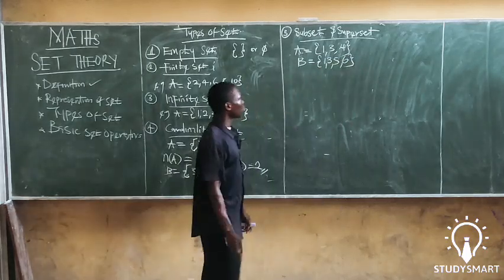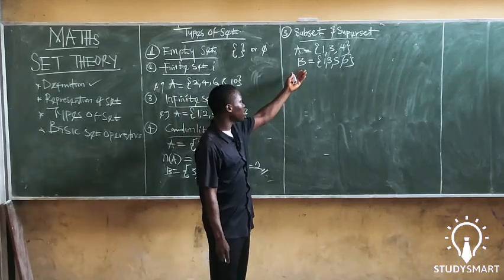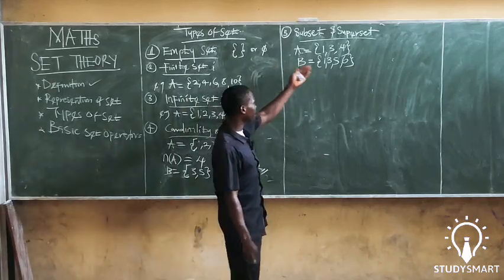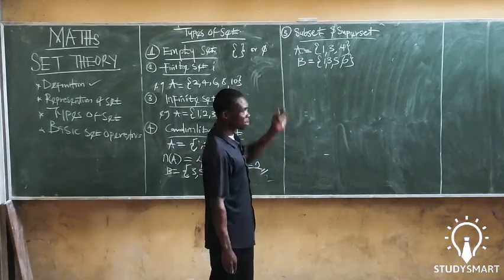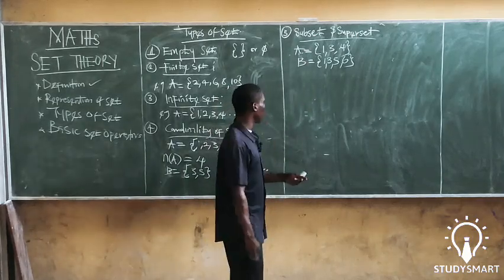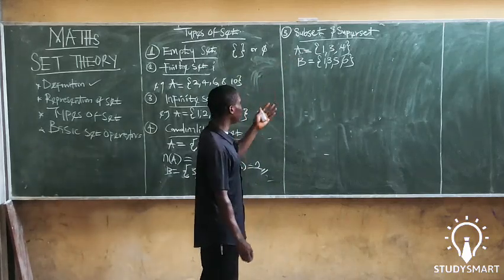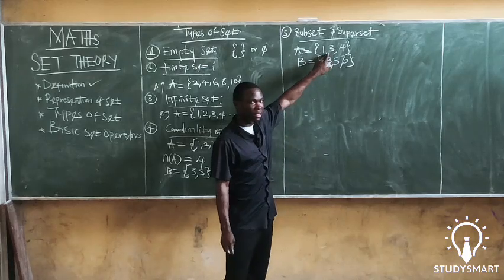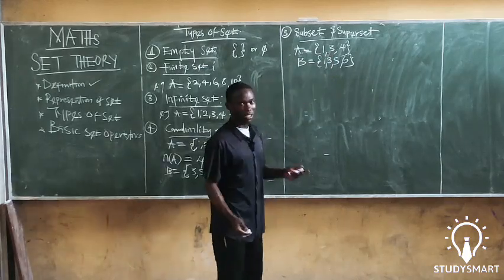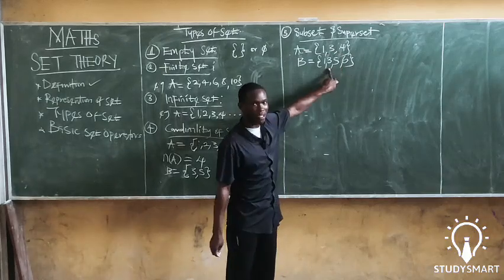Now, if I am asked to find the subset of this set, don't forget, a subset of A involves or defines the elements contained in A that are also in B, which means: what numbers can we find in A and also find in B?